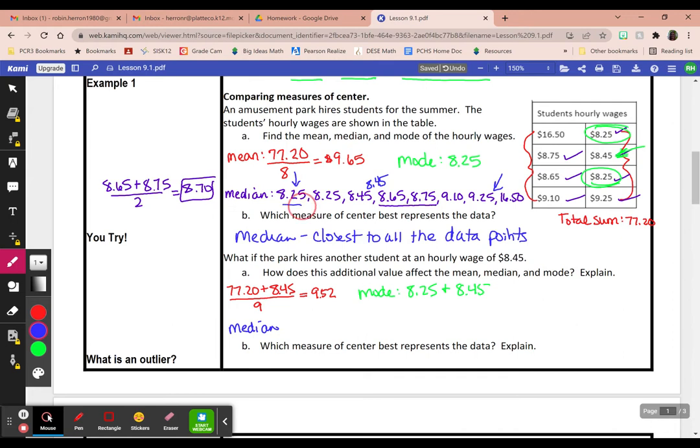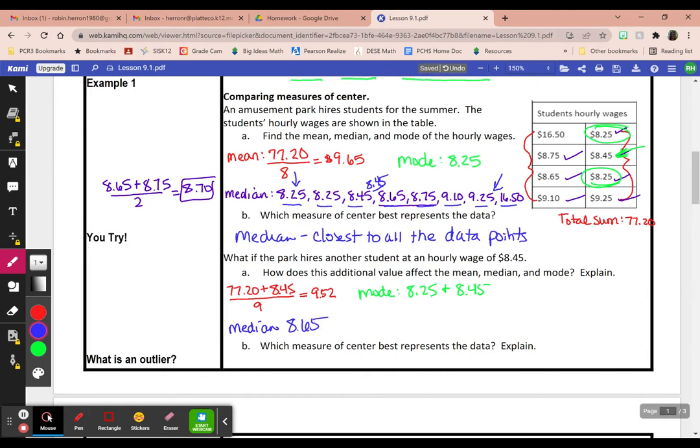So this would be 1, 2, 3, 4, 5, and you'd have 1, 2, 3, 4, and then this would be your middle. So the median would be between those two. So it would be 8.75, or 8.65, I'm sorry. So that would be 8.65 to be able to put that one in there.